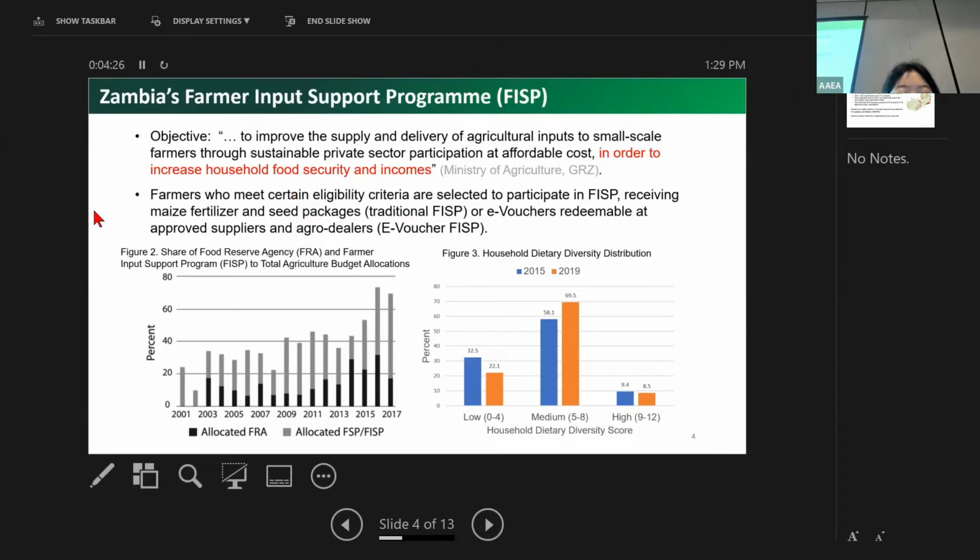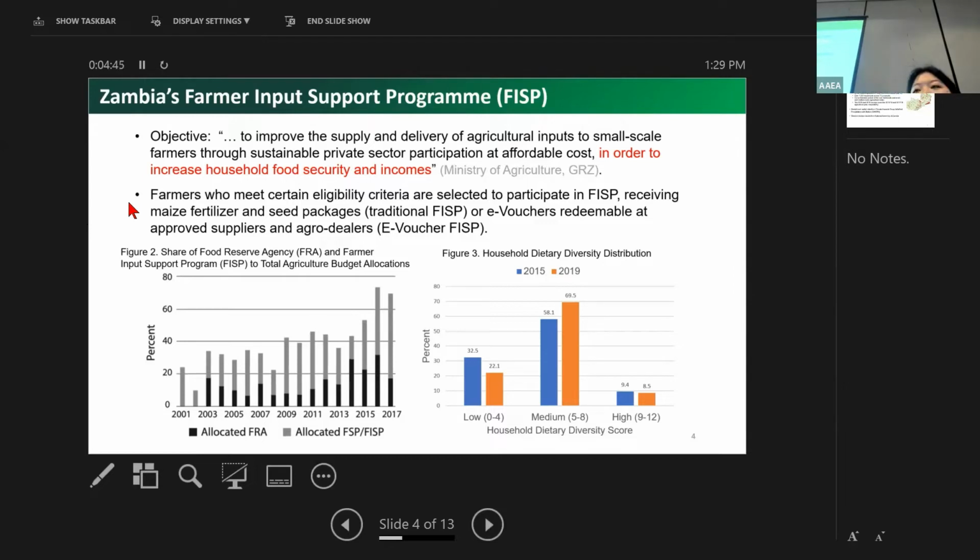So how this program works is that farmers who meet some eligibility criteria apply to participate in the program, and if they get selected, they receive some maize, fertilizer, or seed packages under the traditional FISP. It is traditional or conventional because recently there have been some changes.